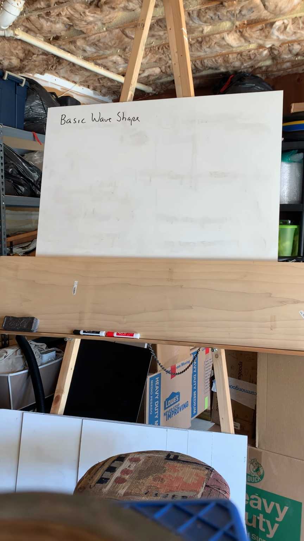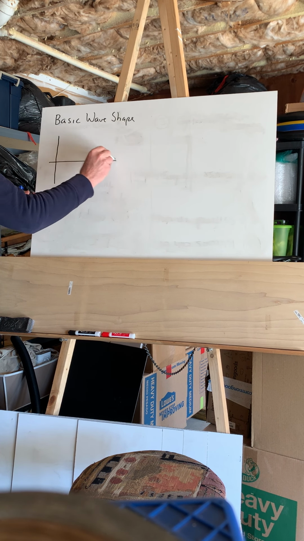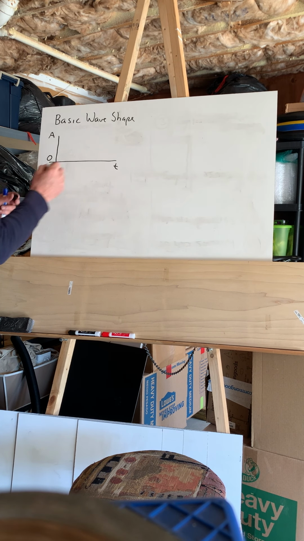Now, our basic wave shape, ideally, if this is amplitude A, this is equilibrium, and this is negative A, and this is time, our wave shape at any given point is going to oscillate.